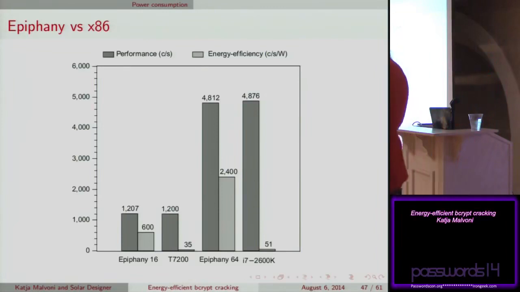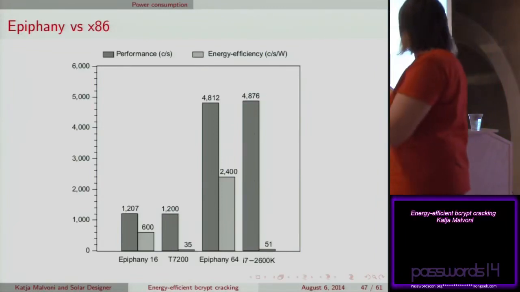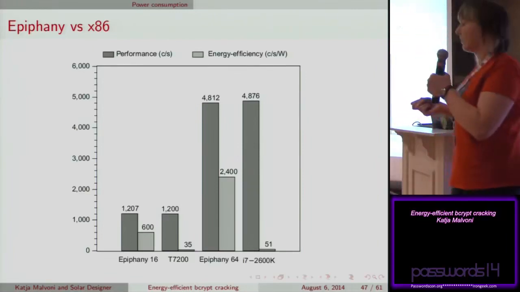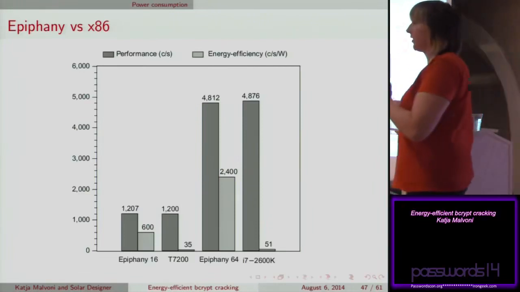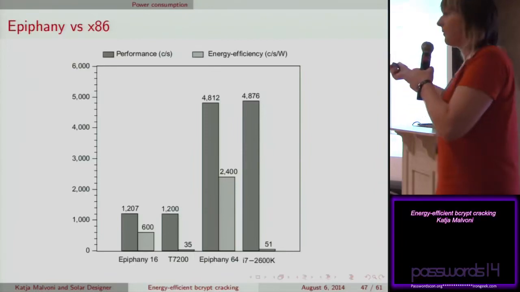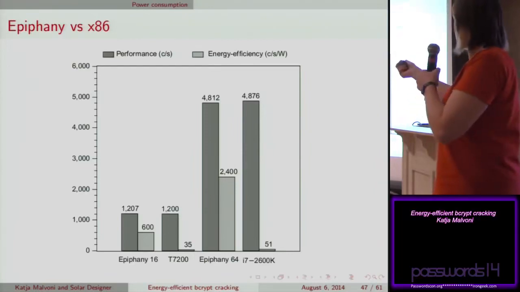So Epiphany 64 and i7 are nearly the same: this is 28, this is 32. So when we compare these platforms that should have the same or nearly the same energy consumption based on lithography, we see the performance is nearly the same, while energy efficiency is much higher for energy efficient platforms.